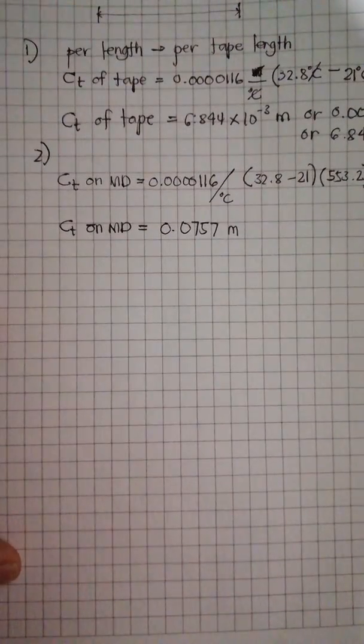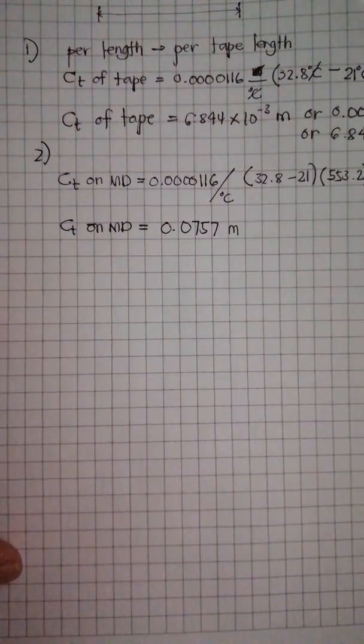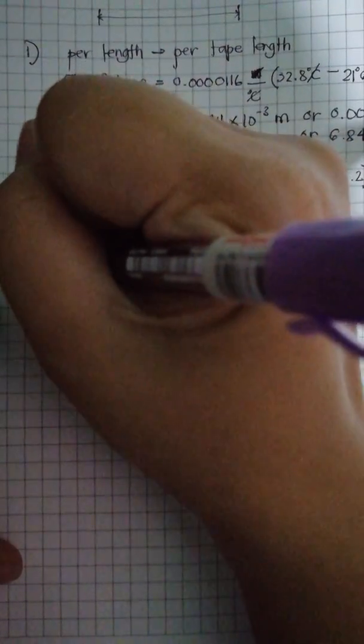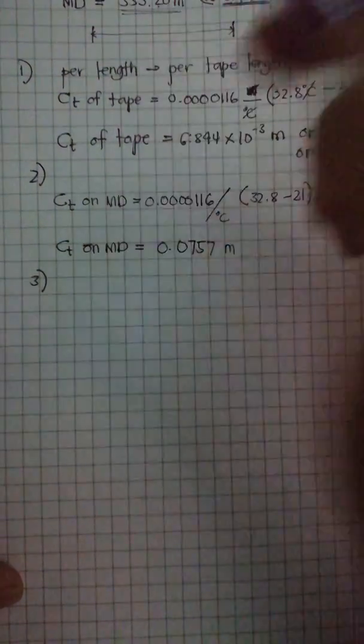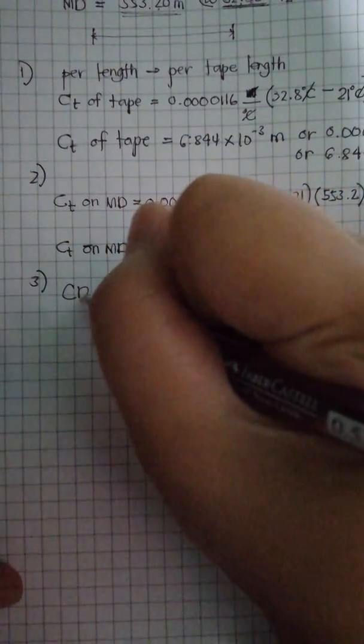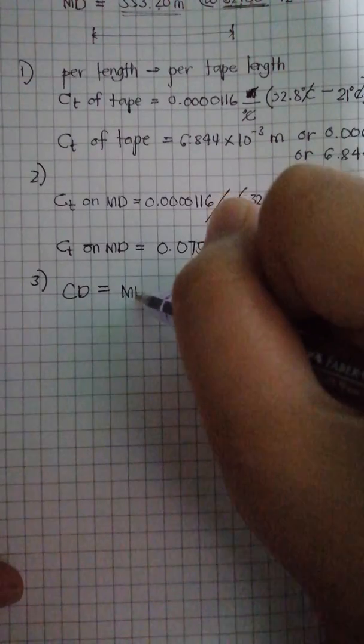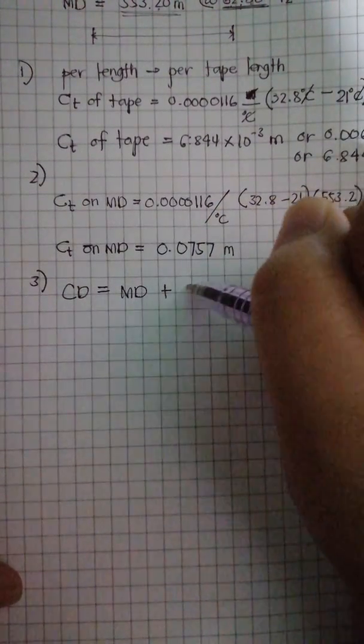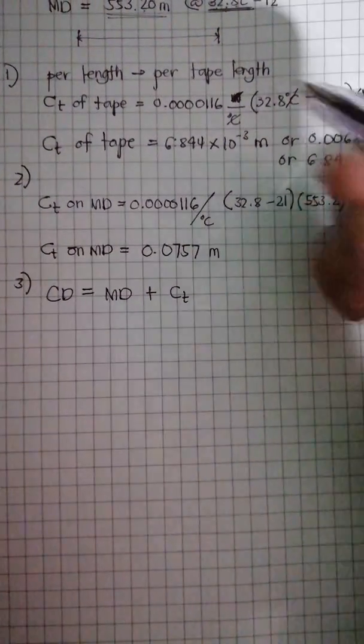Next, what is the corrected length of the line? Number 3, the correct distance of the line is equal to the measured distance plus the correction due to temperature.